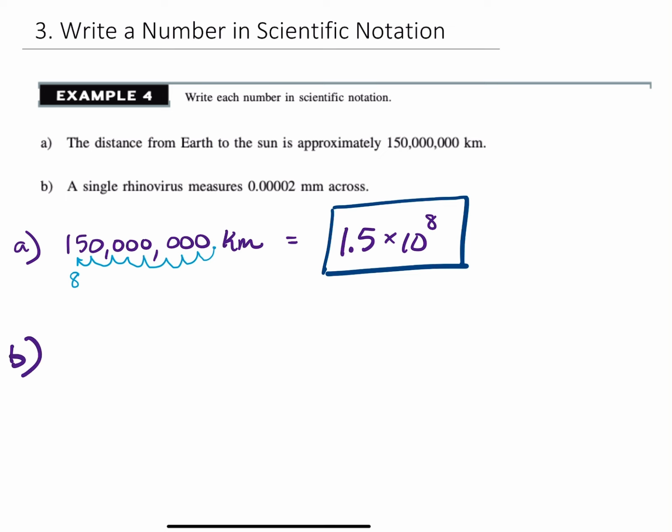Part B says a single rhinovirus. So this is like a very small virus particle, molecule, measures 0.00002 millimeters across. It's a very small distance.